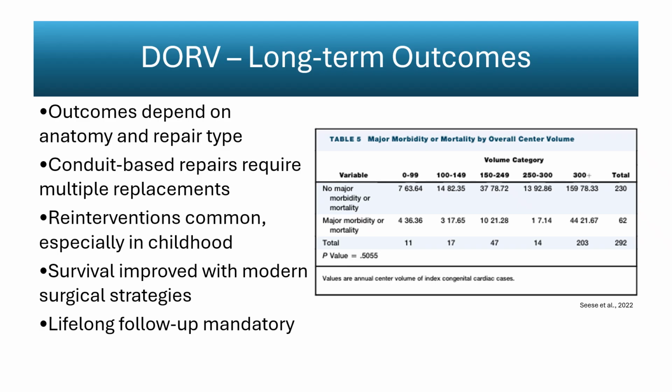This creates a predictable cycle of multiple operations during childhood and adolescence. In more complex cases requiring single ventricle palliation, outcomes mirror the long-term course of the Fontan circulation. Modern surgical strategies and better perioperative care have significantly improved survival, yet lifelong surveillance is required to monitor conduit function, arrhythmia risk, and ventricular performance.